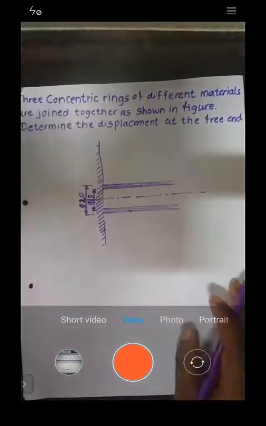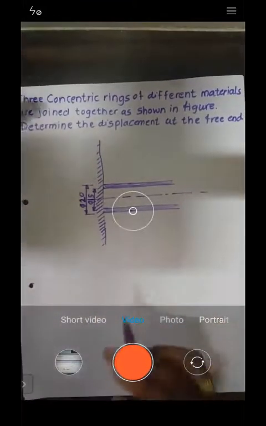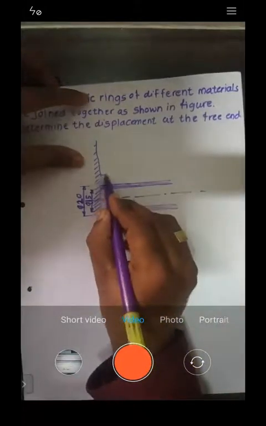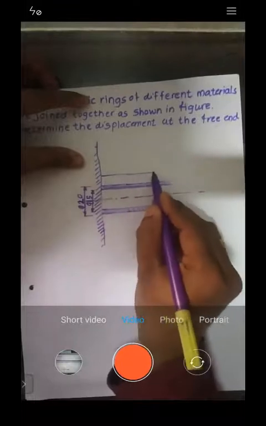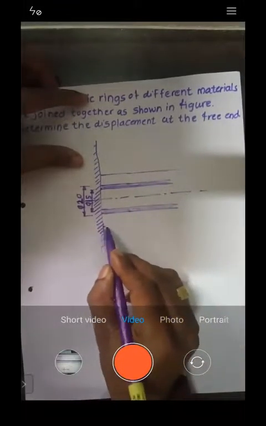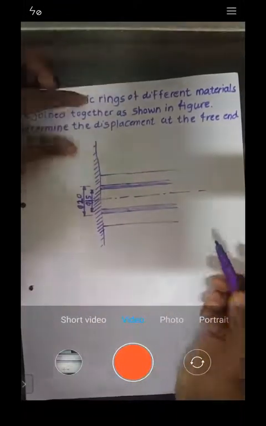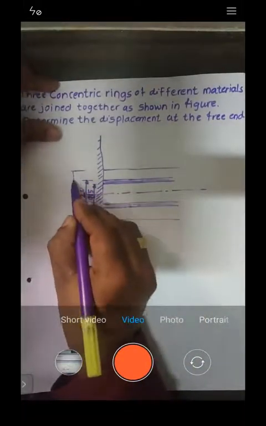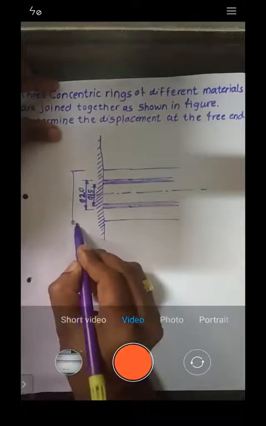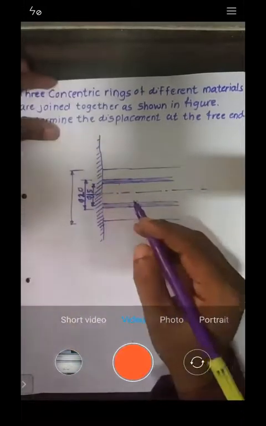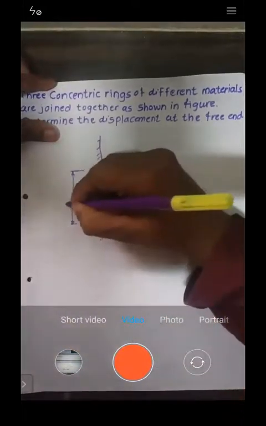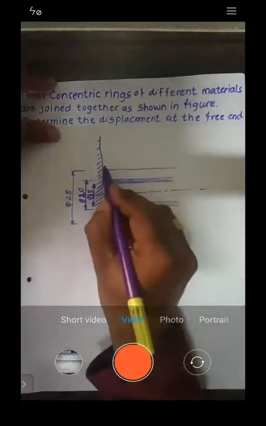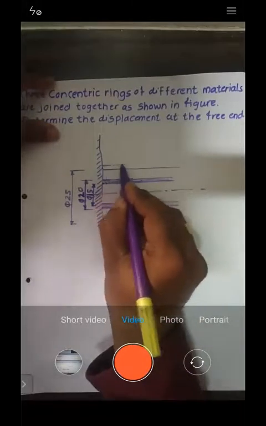Next, start with another ring. Obviously, again, it will have some inner diameter and outer diameter. This is the inner diameter, given as phi is equal to 25, and it will have an outer diameter.